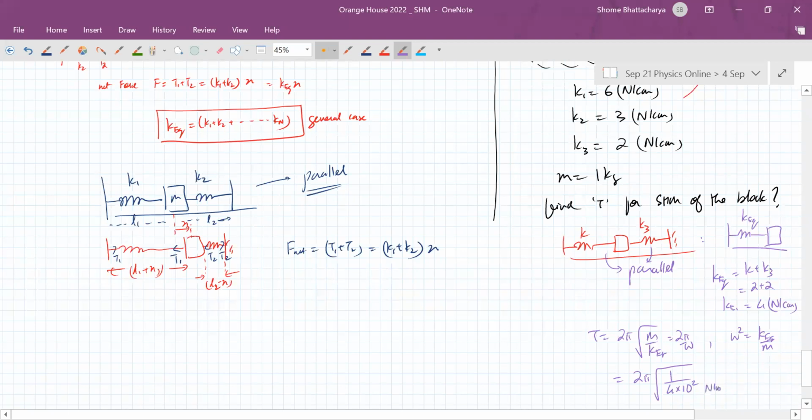So you're converting this to Newton per meter. Okay. So it becomes 5 by 10 seconds. So Krupa, just that added point of conversion of the units, you have to be very careful because typically spring constant is always given in hybrid unit Newton per centimeter, which is neither SI nor CGS.